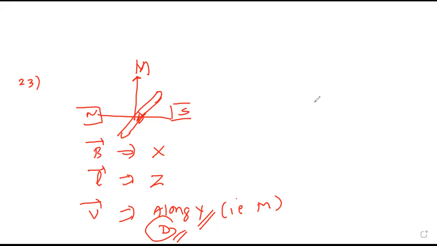Done, sir. Next. 24th. Peak value of alternating EMF E naught cos omega t is 10 volt.